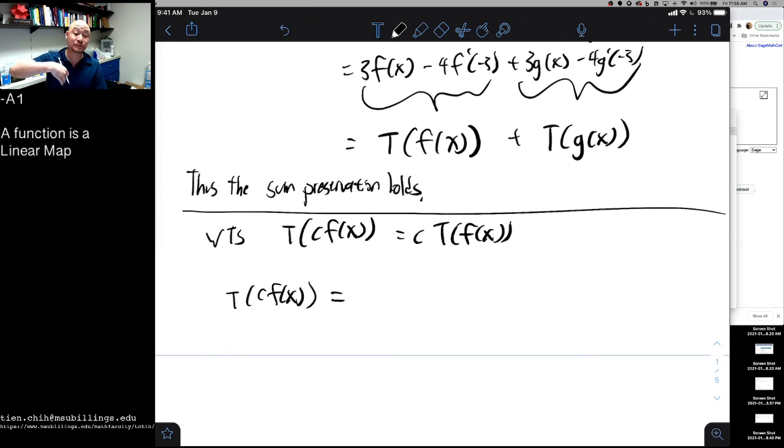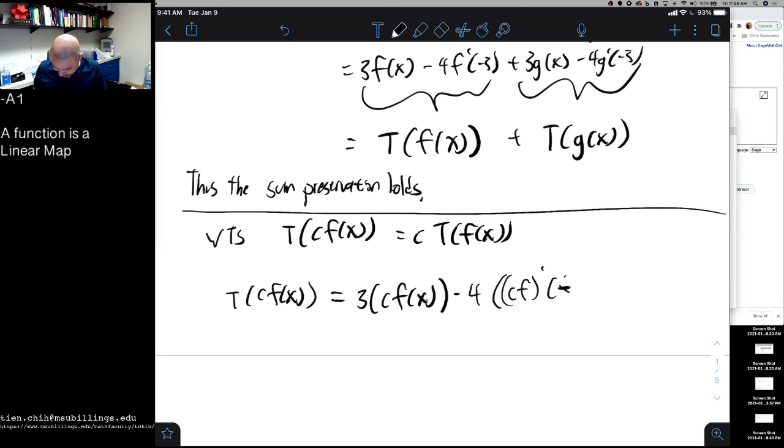So when we take a transformation of c f of x, what we get is 3 times c f of x minus 4 times the derivative of cf evaluated at negative 5.